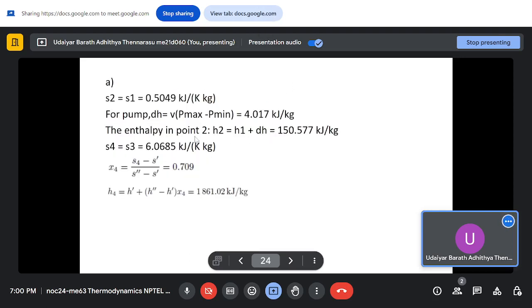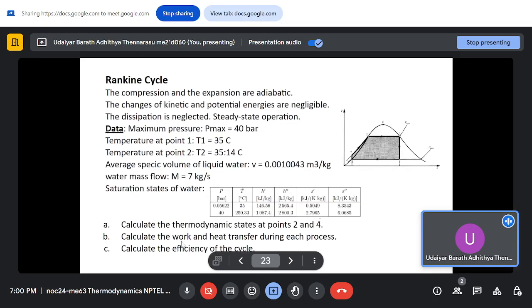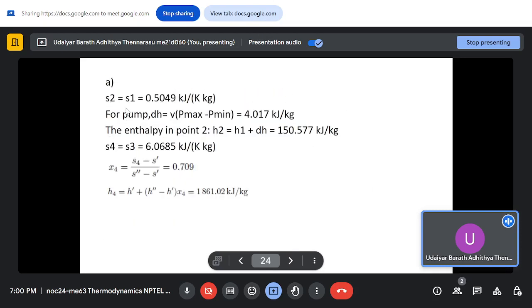From 1 to 2 it's an isentropic process, so S2 equals S1. For the pump you can write dH equals V dP, where the specific volume of liquid will not change much during compression, because liquids are incompressible, so you can take V out.